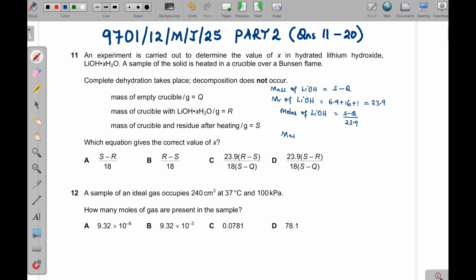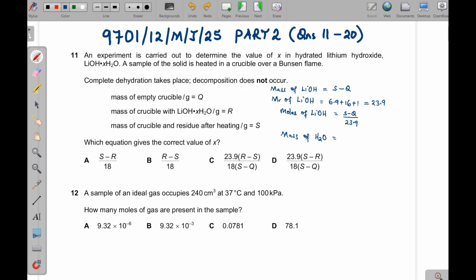What is the mass of water? Mass of water of crystallization in here: remember, the mass of the crucible with the solid containing water is this. Then after heating, you are having this. So water has disappeared. That means you will have the mass of water as R minus S. Don't you see that?